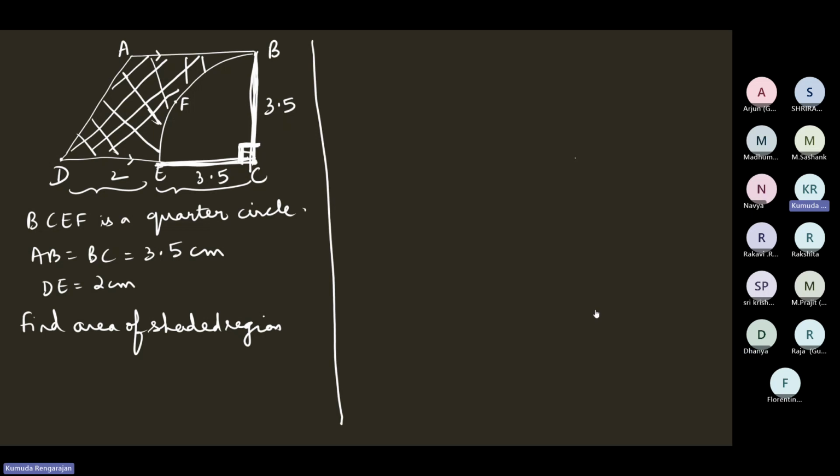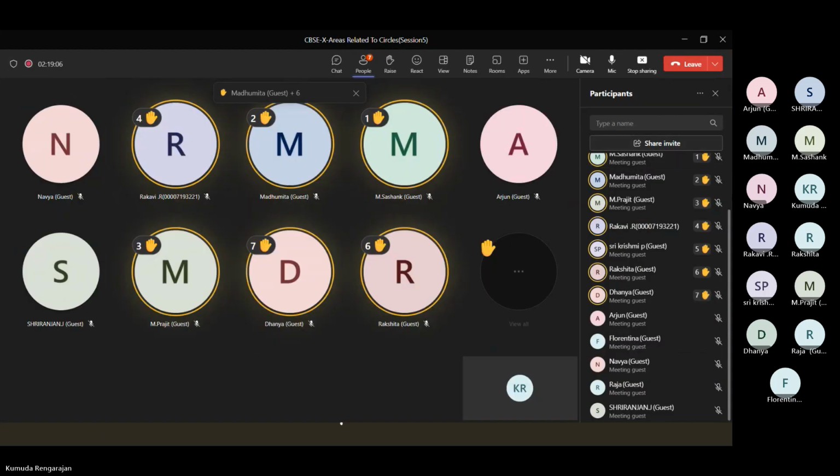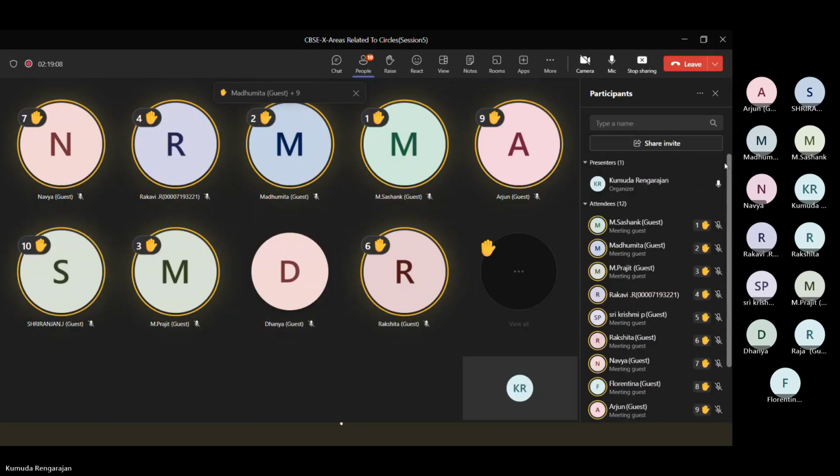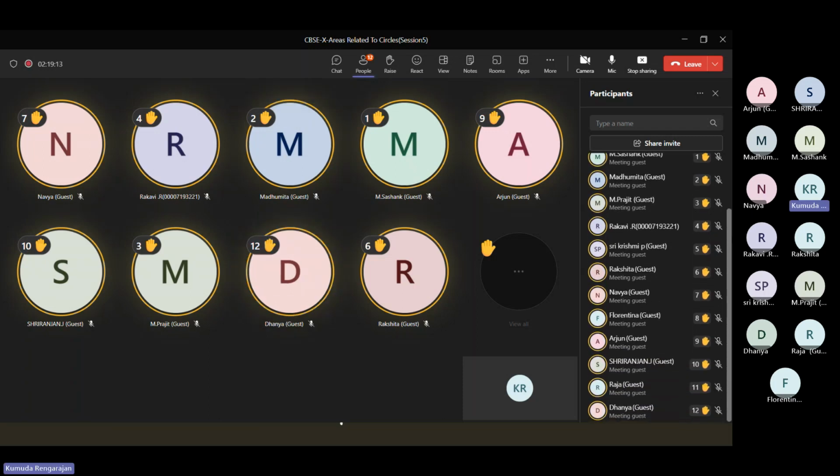Class, use the emoji. Raise your hand. Yes, ma'am. Sashank, Madhumita, Prajit, Raghavi, Krishmi, Rakshita, Navya. Why is Rakshita very quiet these days? Rakshita, Navya, Florentina, Arjun, Sri, Ranjan, Raja, Danya. Ritika is not there.